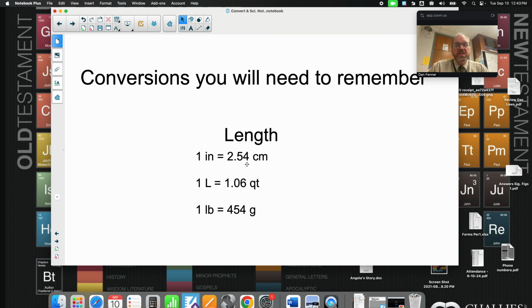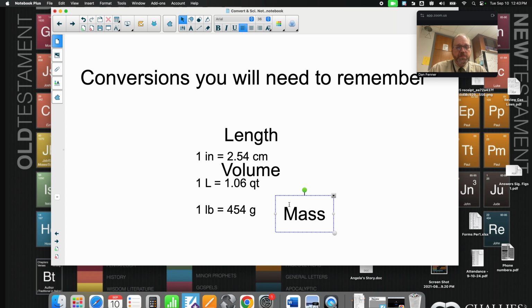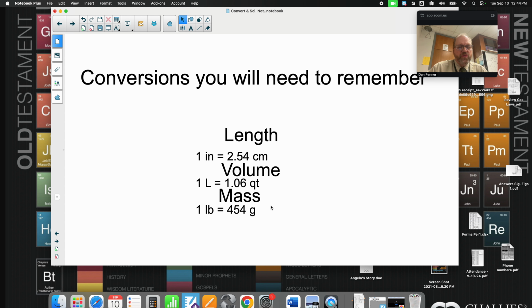Now, I know some of you know the number of inches in a meter and all that kind of stuff. It's just simpler if we keep it at a base unit. For volume, we're going to use 1 liter is equal to 1.06 quarts. And for mass, 1 pound is equal to 454 grams.